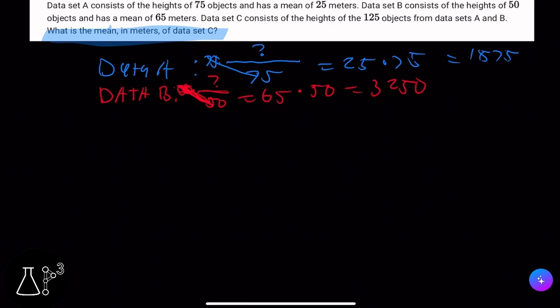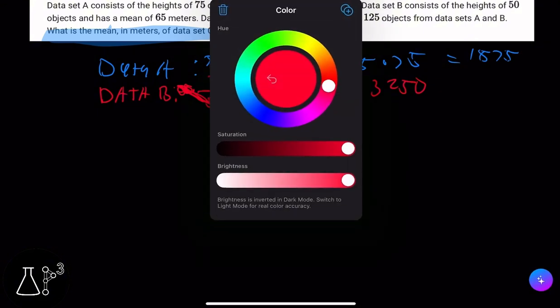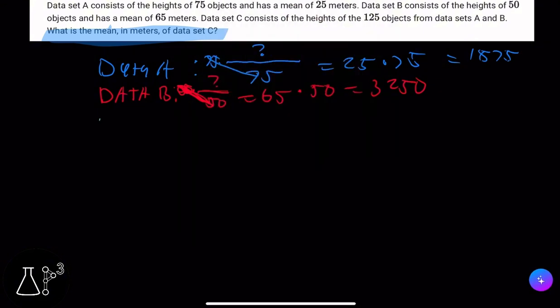And in dataset C, and this is a big step, so follow my lead. Dataset C has the heights of 125 objects, and this is where we've got to look for the mean. So why is this important? We have the total value of datasets A and B. Notice how if I do 75 plus 50, which is the number of objects used for A and B, that equals 125.